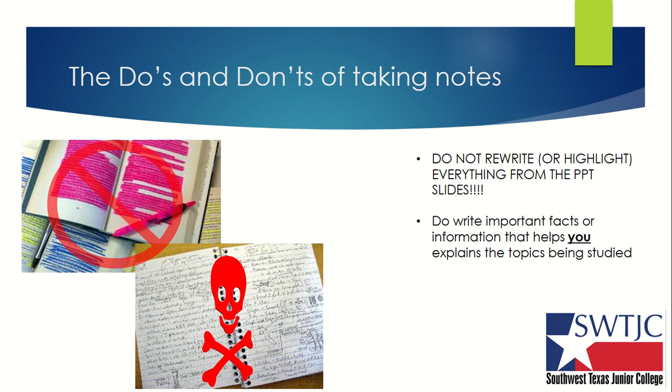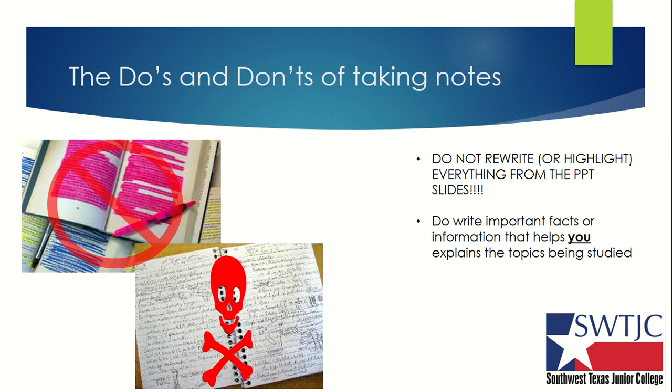And so when we look at notes, it's really important not to rewrite everything or even highlight everything from the PowerPoint slides, right? You don't have to highlight everything. You should not be highlighting. You should not be rewriting every single thing from the PowerPoint. What you do want to write are the important facts, the information that really helps you to explain the topic that you're studying.